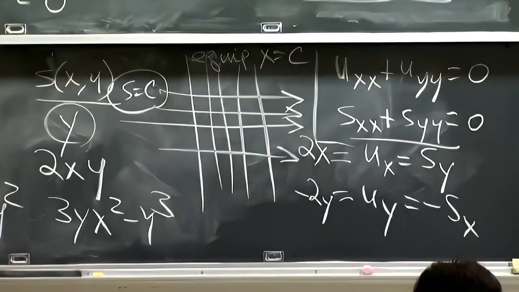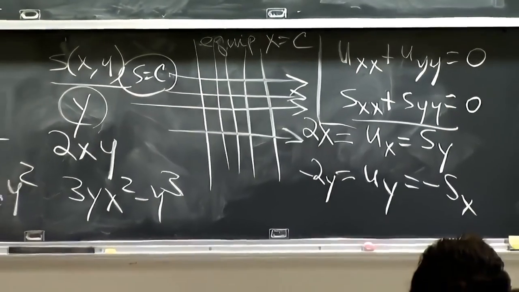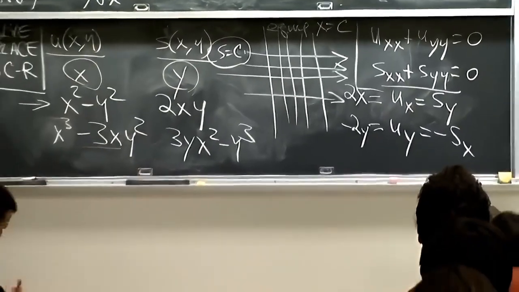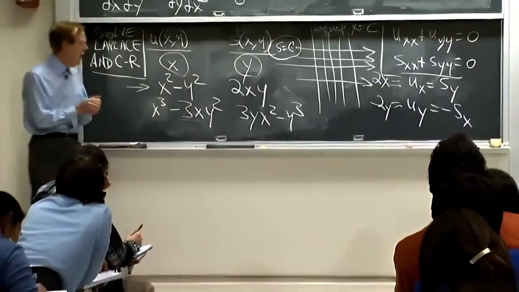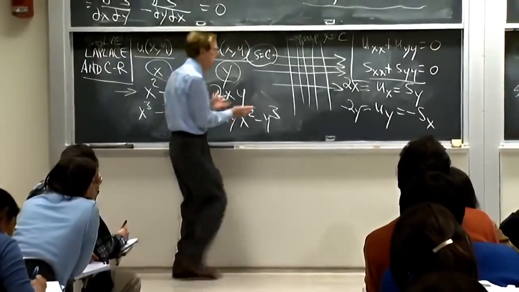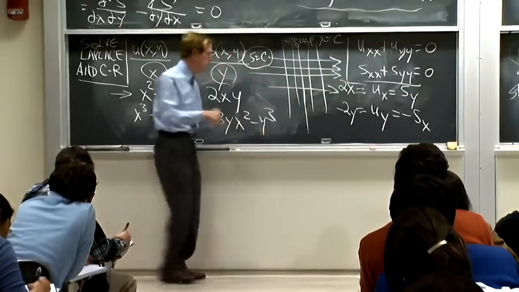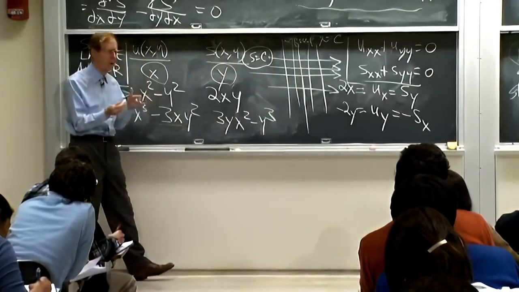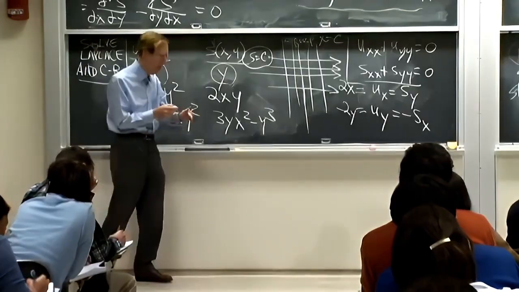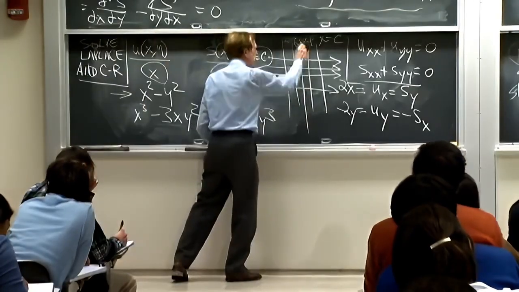And of course, what do you notice here? They're perpendicular. The streamlines are perpendicular to the equipotentials. And why? Because you remember we talked about what the gradient means. Which way does the gradient point? It points perpendicular to these equipotentials.